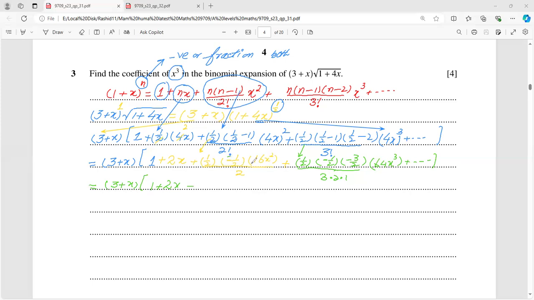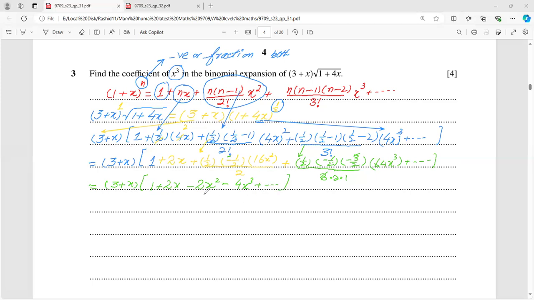And 16x square, 1 by 2, 2, 2, it becomes, if I'm not wrong, 2x square. 3 will be cancelled by this 1. And how many 2? 1, 2, 3, 4. It becomes, if I'm not wrong, minus 4x cube plus so on.